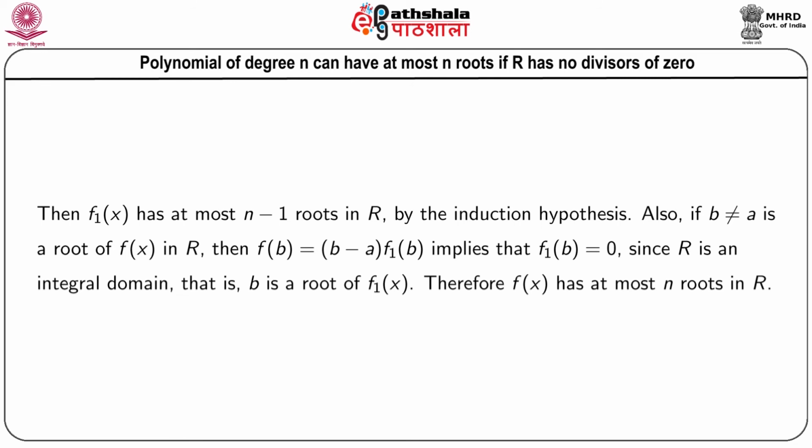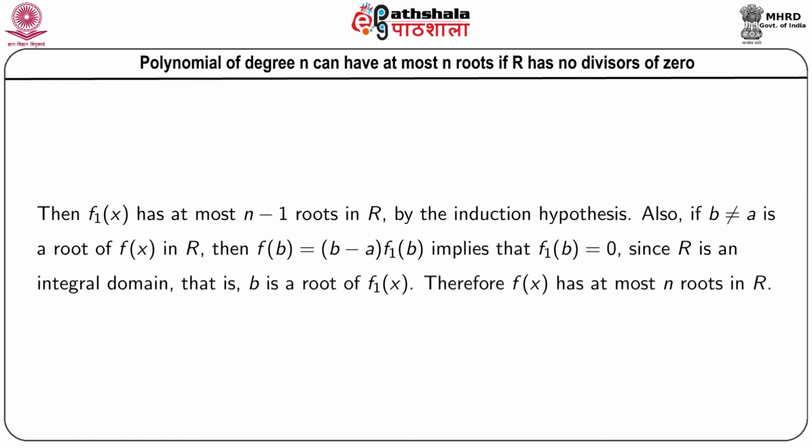Since we have assumed b is not equal to a, b minus a is non-zero, and since R is an integral domain, (b minus a) into f1(b) equal to 0 implies that f1(b) must be 0. Equivalently, b must be a root of f1(x), and hence it follows that f(x) can have at most n roots in R.